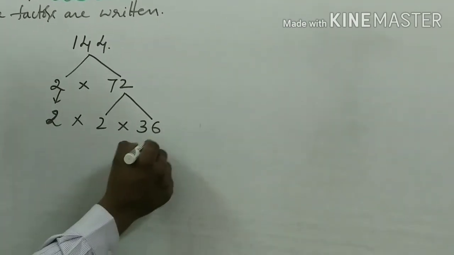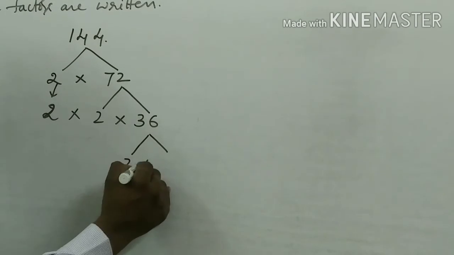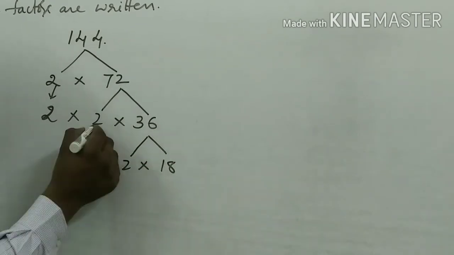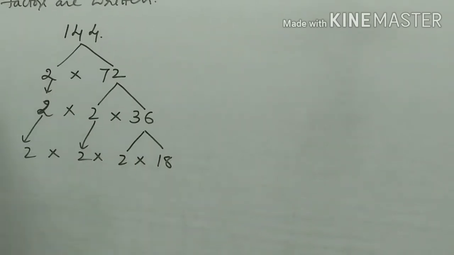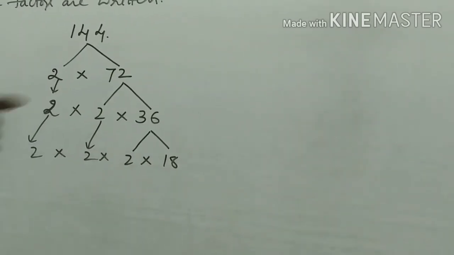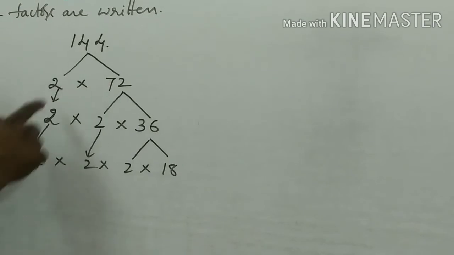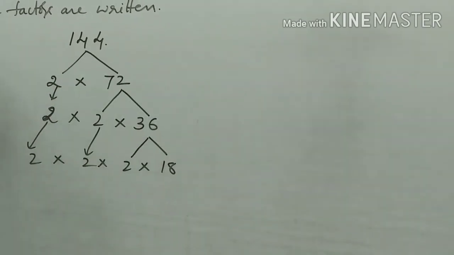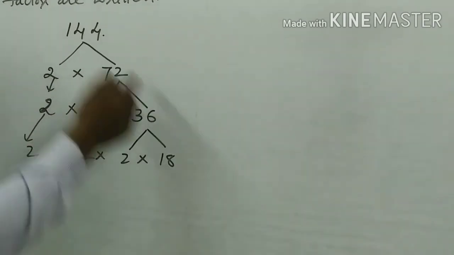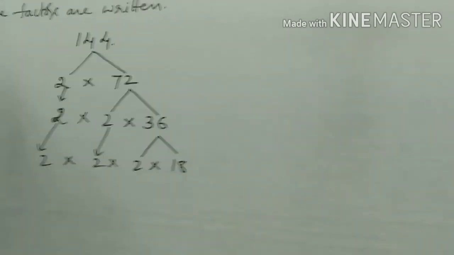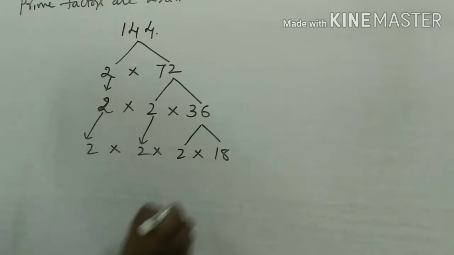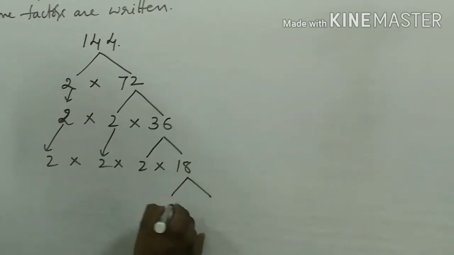Now I am expressing 36 again: 2 into 18. This 2 I am bringing. That means in whichever row you multiply, you should get 144. 2 into 72 is 144. 2 2s are 4, 4 36s are 144. 2 2s are 8, 8 18s are 144. That is the concept.